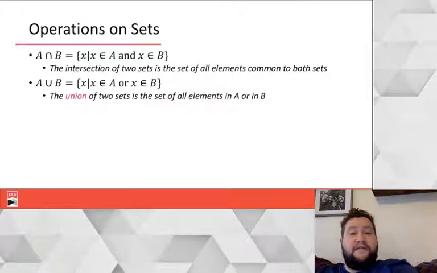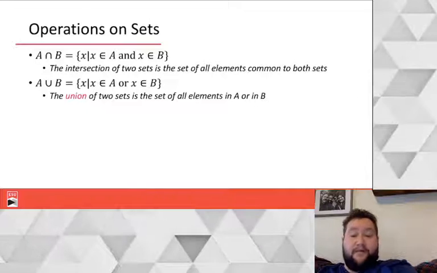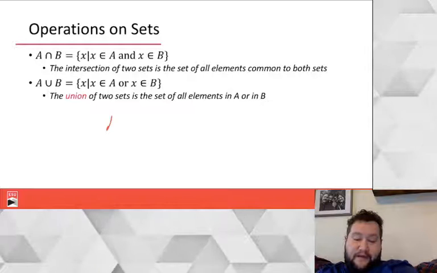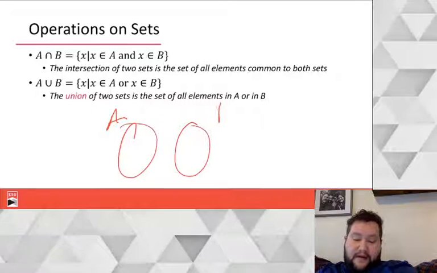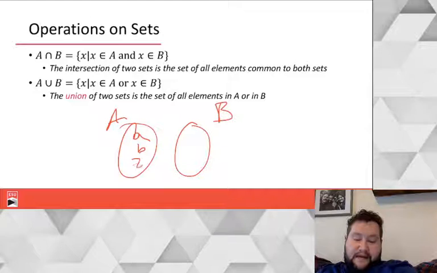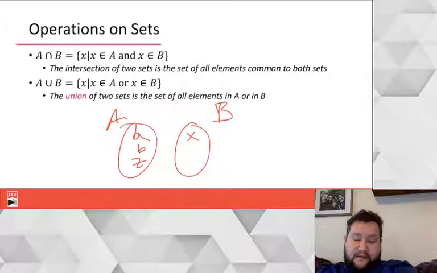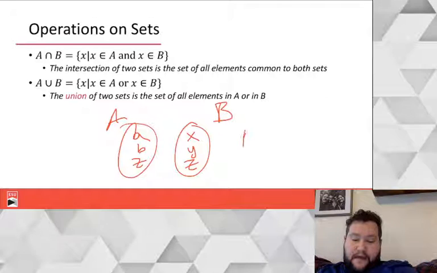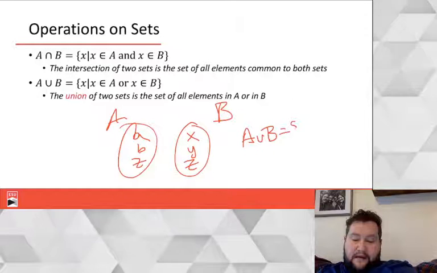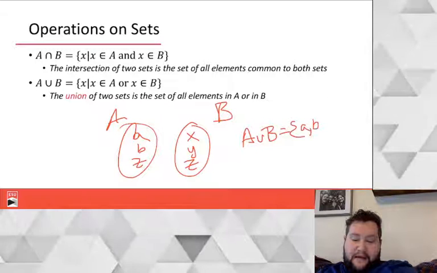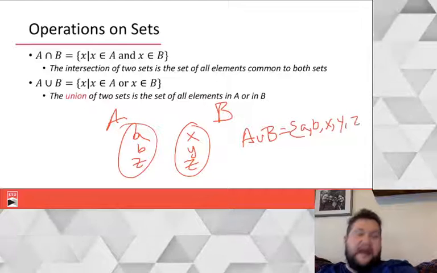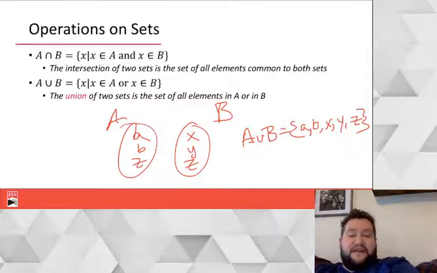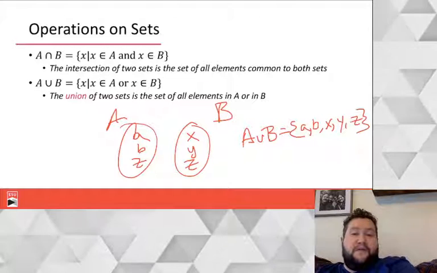Now, union is the set of all elements in A or B or both. And so if we have A and B, and we'll call that A, B, Z, and here we have X, Y, and Z. A or B is A, B, X, Y, and Z. And your elements don't have to be in alphabetical order, but for the sake of convention and ease, it doesn't hurt to put them in alphabetical order.